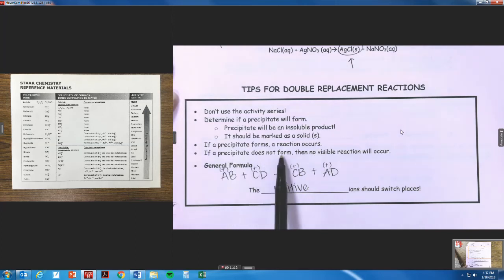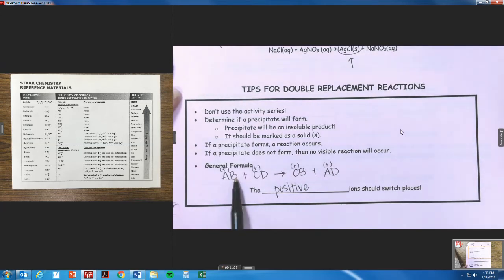If a precipitate does not form, then no visible reaction will occur. And then your general formula, again, AB plus CD yields CB plus AD. The positive ions will always switch places, and remember that your positive ions are also going to be the ones that go first.